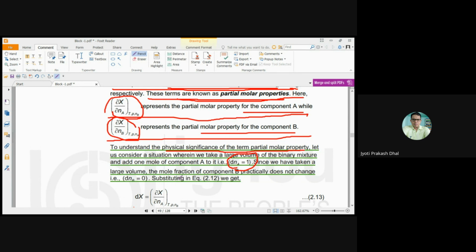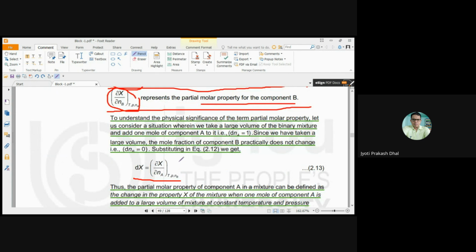Since we have taken a large volume, the mole fraction of component B practically does not change. We have taken a large volume of the solution of A and B, and to that solution we have added just 1 mole of A. So dNa equals 1, and as the solution has a very large volume, dNb equals 0.